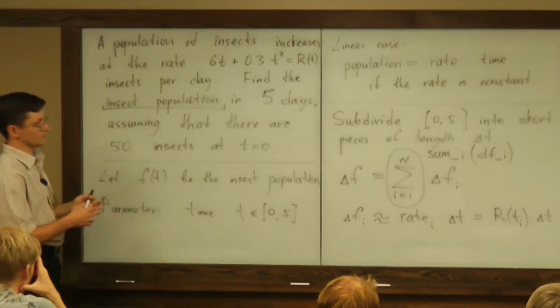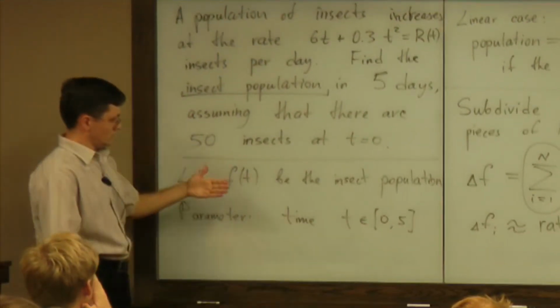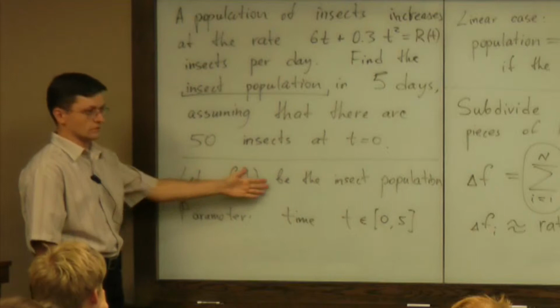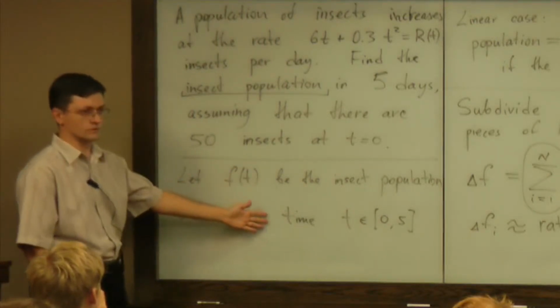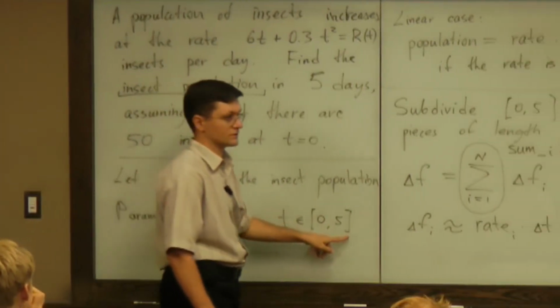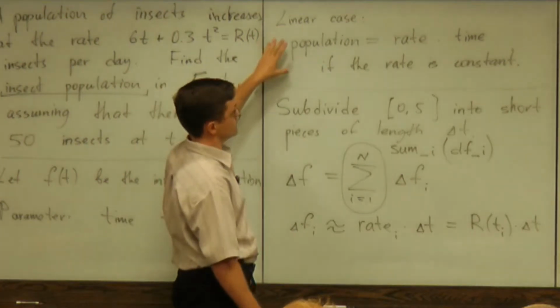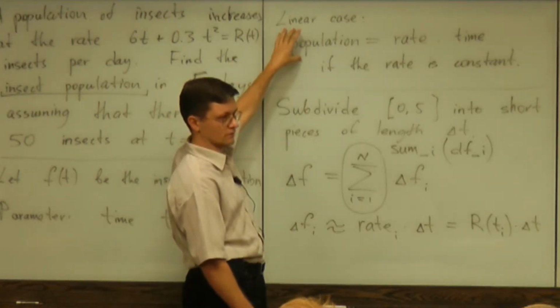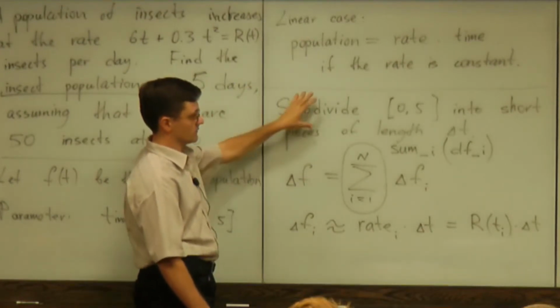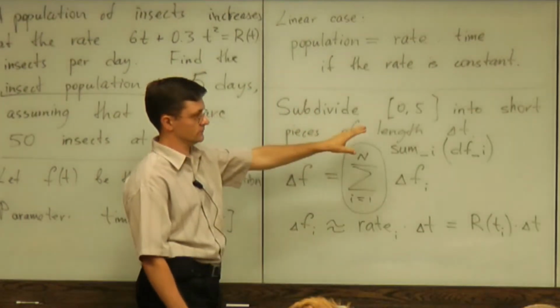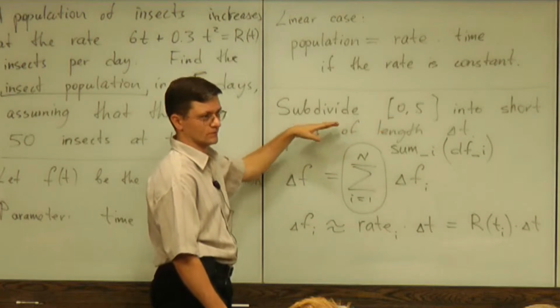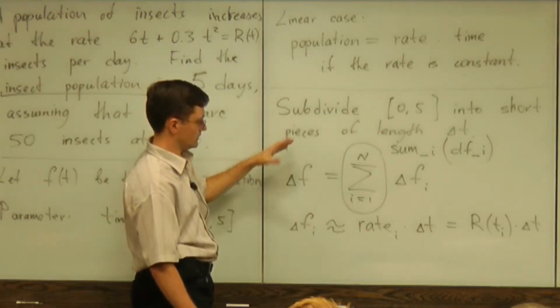And let's look at the explanations overall. One line of introduction of the function, introduction of parameter with the limits, description of linear case, of the simplest case that you will use later. Subdivide. All this is going to be standard for integration setup.